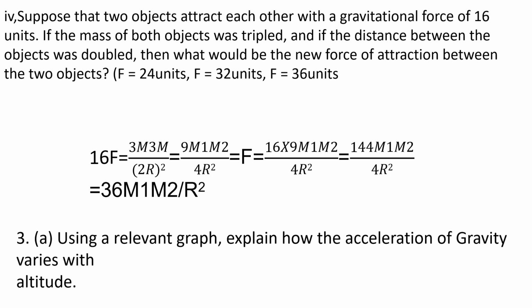As we see, first the force will be equal to 24 units. Second, the force will be 232 units. Third, the force will be 236 units. So as you see in this formula, it explains it well.